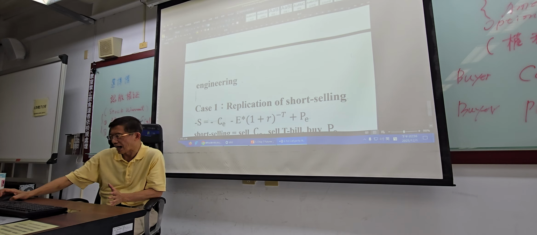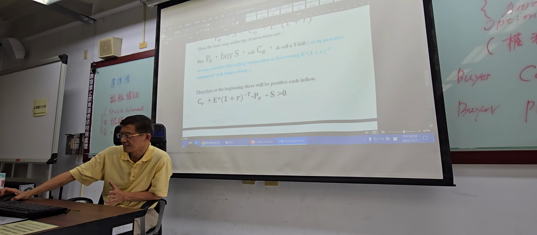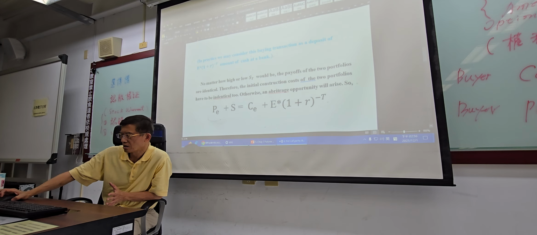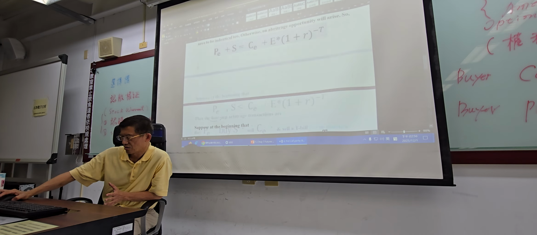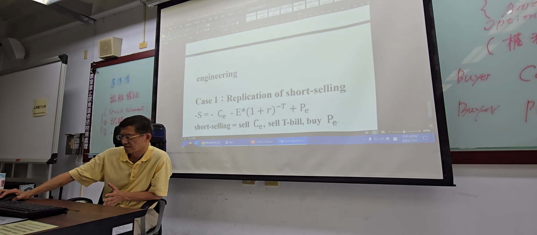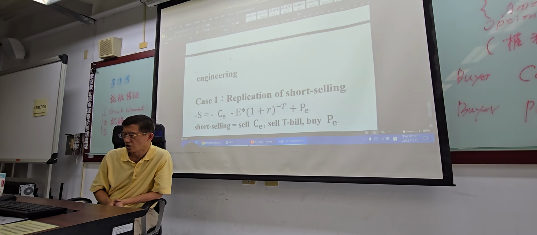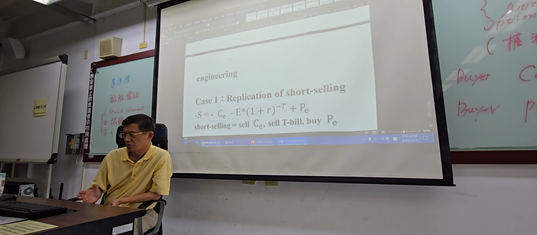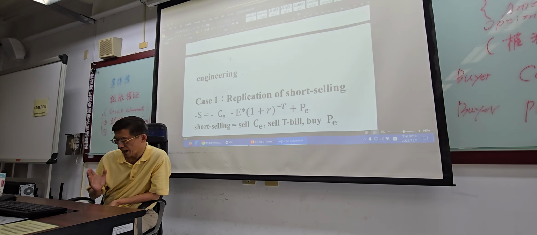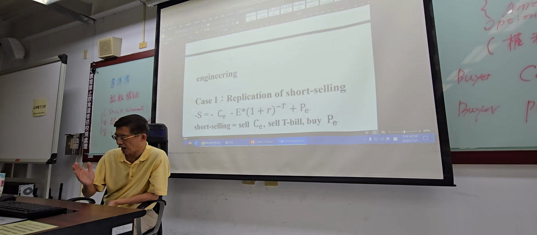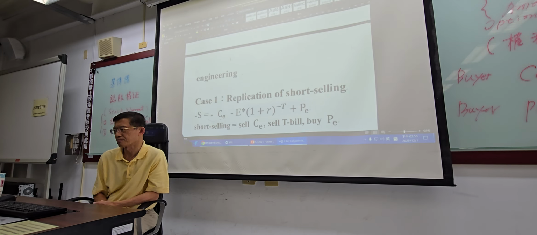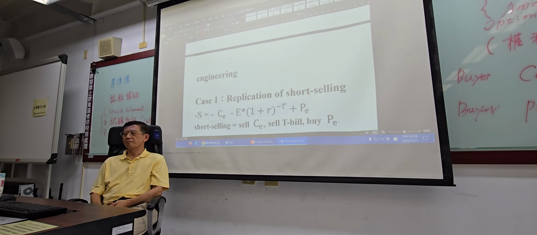We may just reorganize the Poco parity formula from this form to this form: minus S equal to minus C, minus capital E times by 1 plus r powered by minus T, and plus capital P. What does that mean?